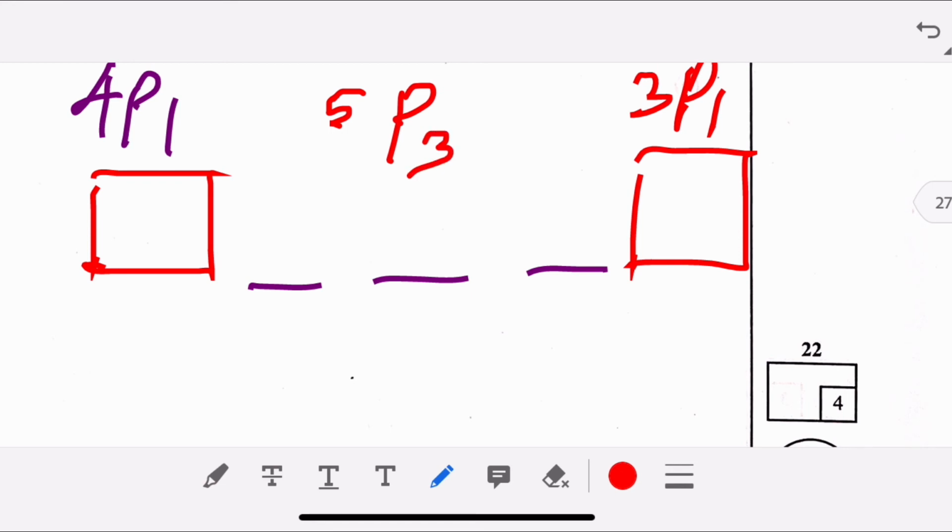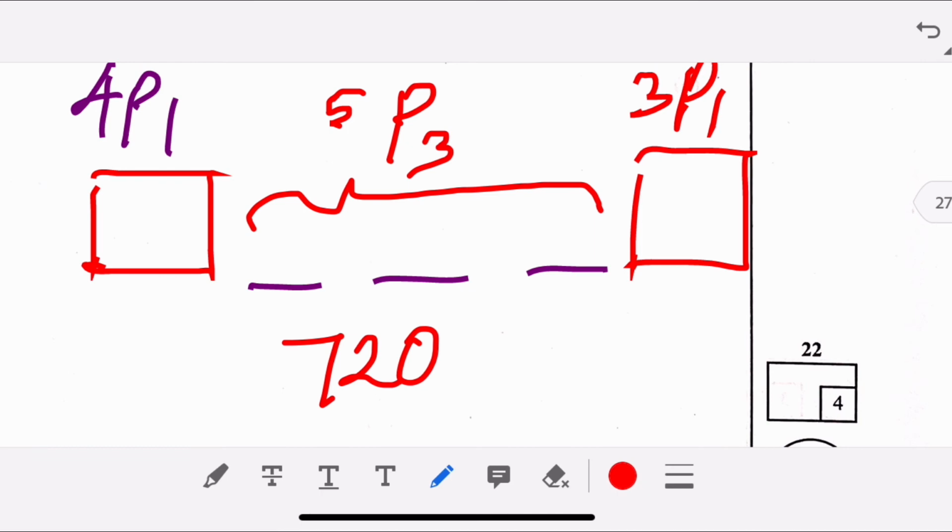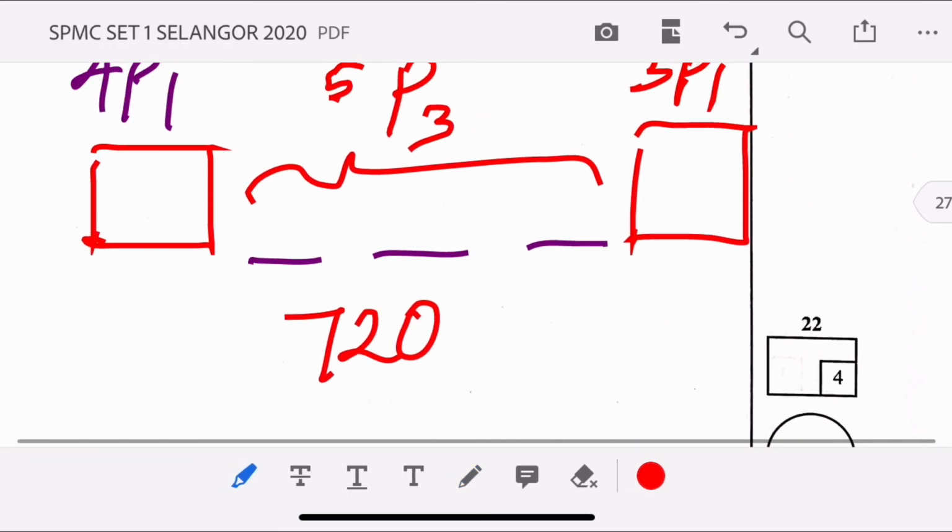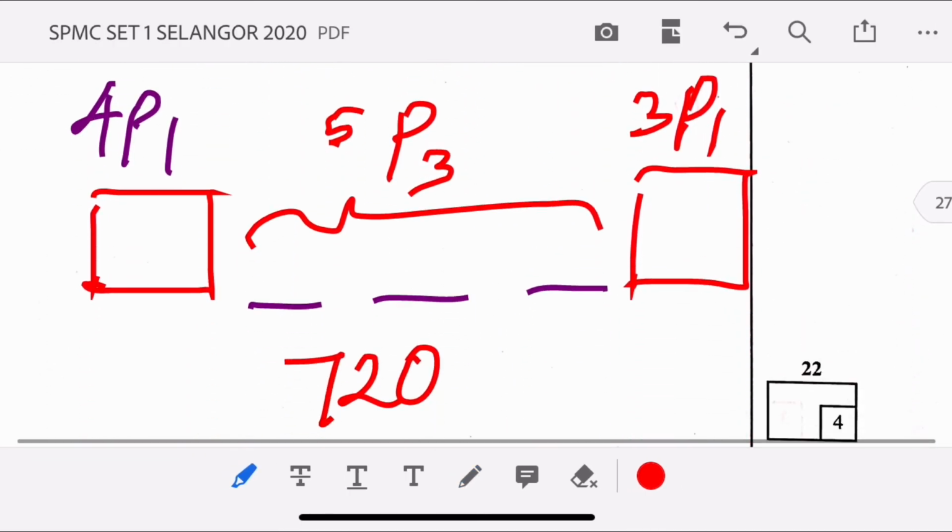We choose 3 for these 3. So the answer will be 4P1, which is 4, times 5P3, times 3P1. So the answer is 720.